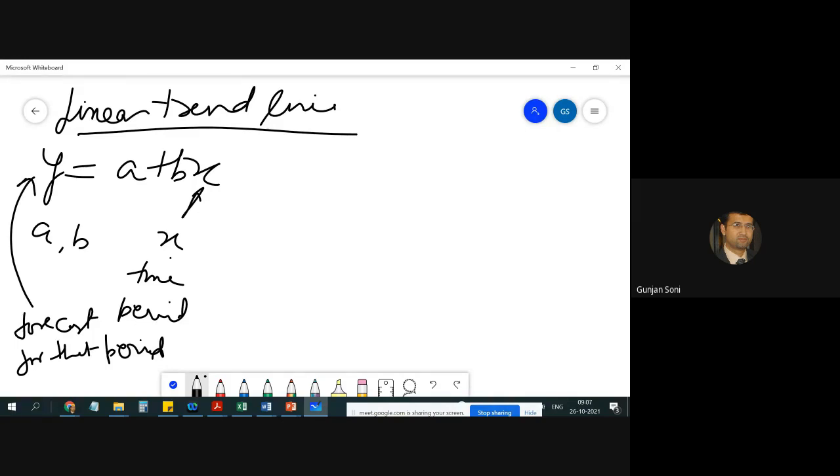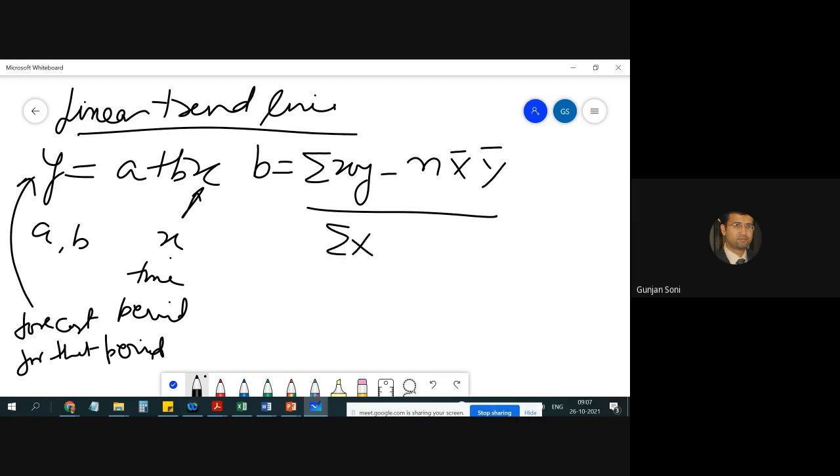We are not going to derive how we calculate A and B, but I'm just directly going to write the formula: summation x square minus n x bar square, and then your A is y bar minus b x bar. You may write down this formula because we are going to use it ahead.